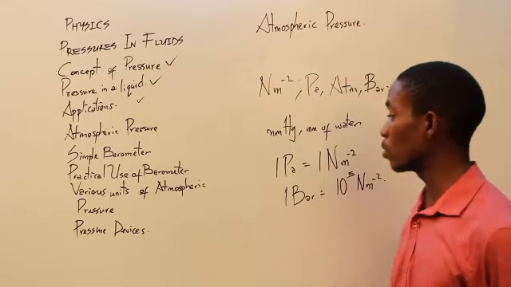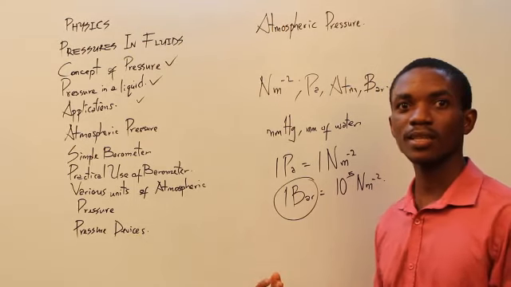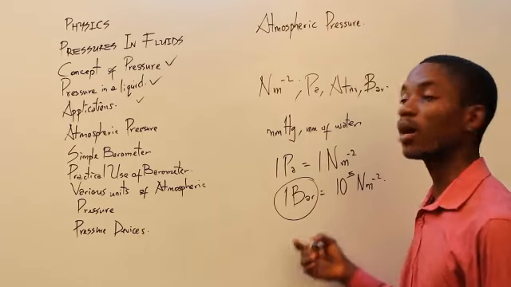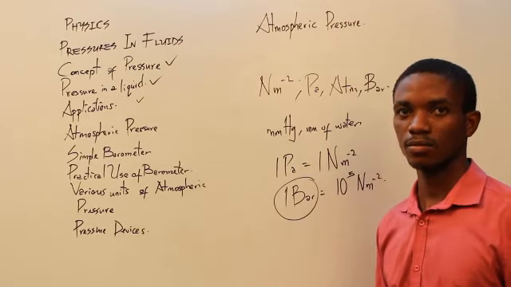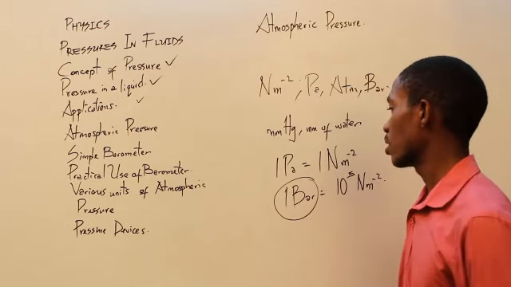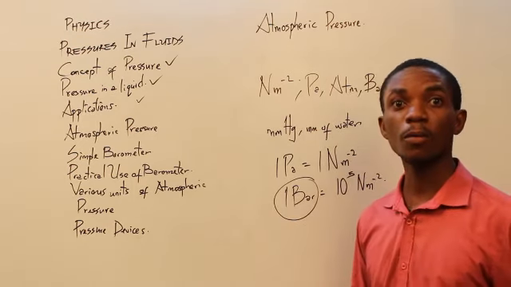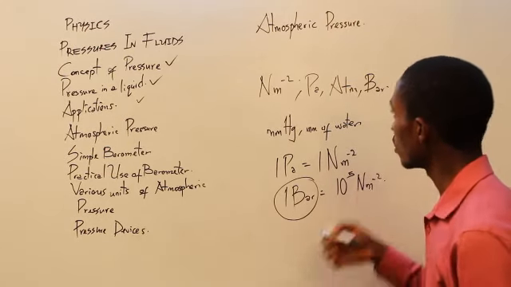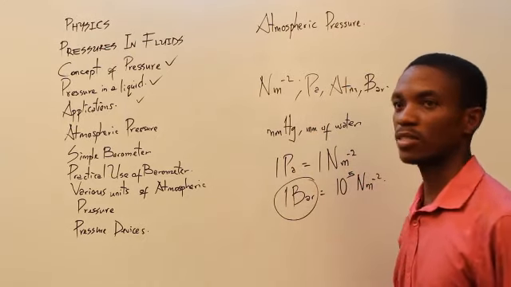It is interesting to know that the unit bar finds its use very much, especially in the field of meteorology, while in physics, we work with Newton per meter square, we work with pascals.